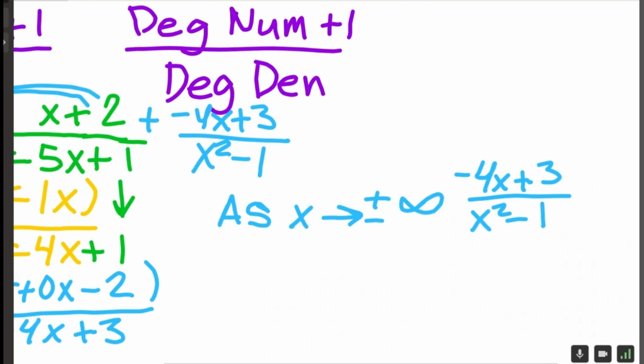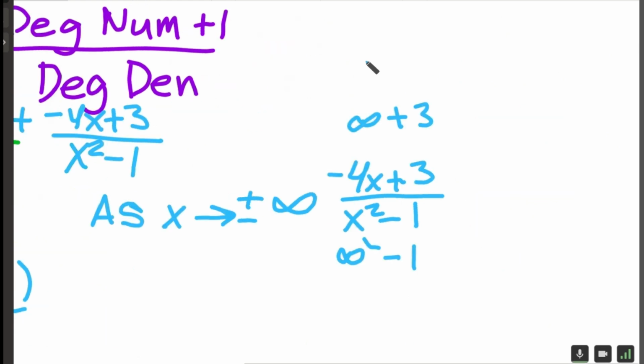Well, if I have x go to positive infinity, I'd have positive infinity plus 3 over positive infinity squared minus 1. That might be a little hard to determine. I don't really know the behavior that's going on. What I could do is use a really high number to represent infinity.